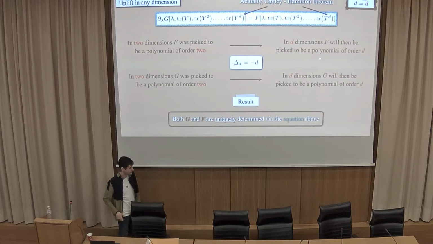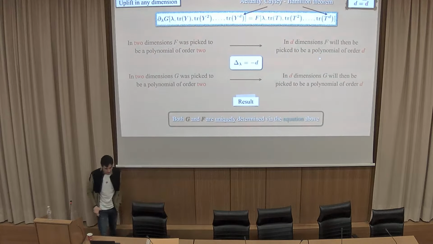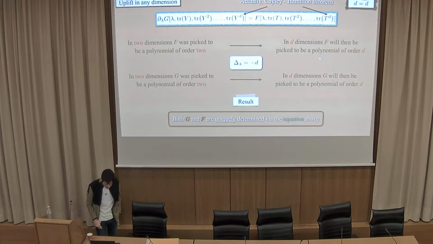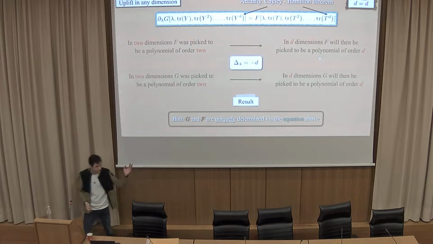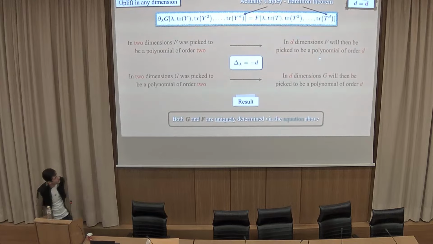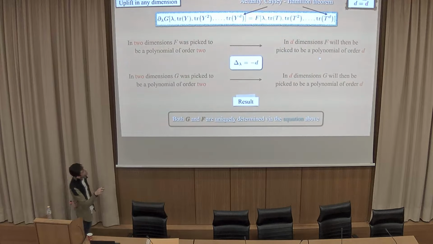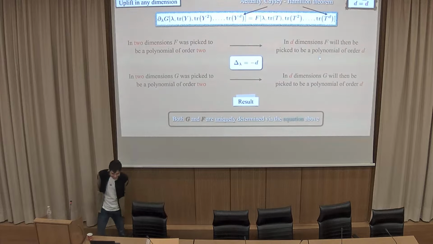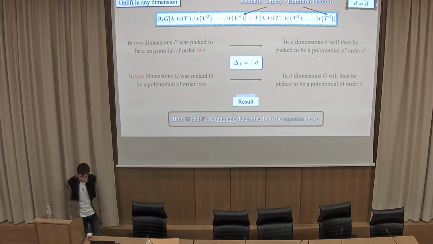Still, this is irrelevant information from a field theory point of view. On the gravity side, in 2 dimensions again, g was picked to be polynomial of degree 2, and we'll pick it in d dimensions to be polynomial of degree d. So we make these two ansatzes. If it's a polynomial of degree d, it has a lot of free coefficients. However, this equation, even though it's one equation, completely determines all of them. So you get at the end of the day a unique solution.